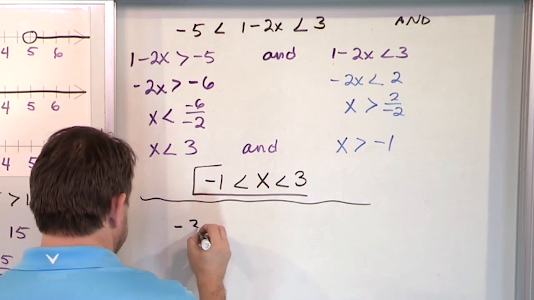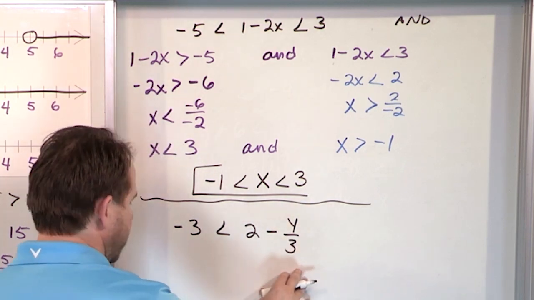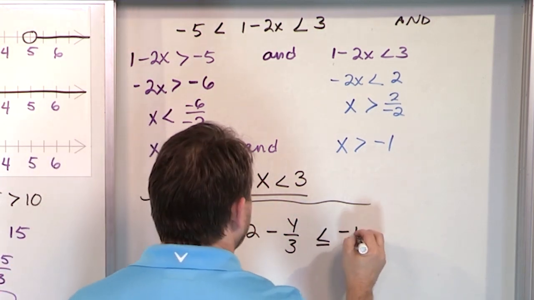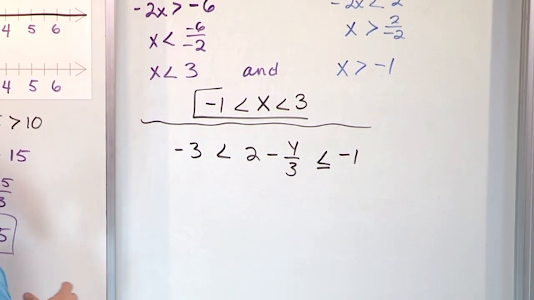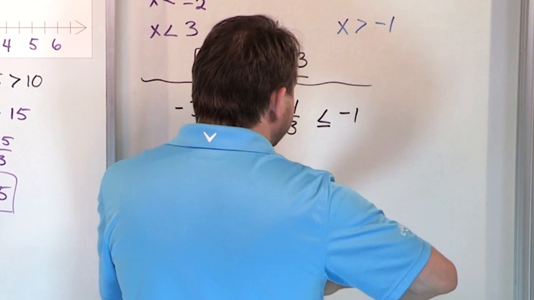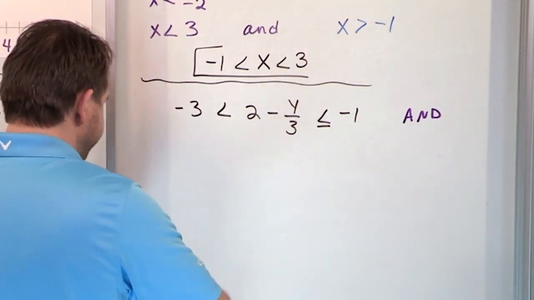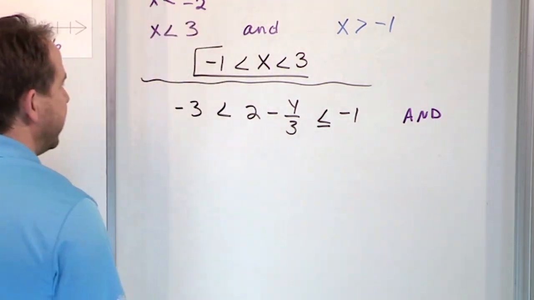What if we have -3 less than 2 minus y over 3 less than or equal to -1? So again, it's written with a double inequality type of notation, so you know it's going to be an and, so you can go ahead and write that to yourself, just to make sure that you don't forget that.